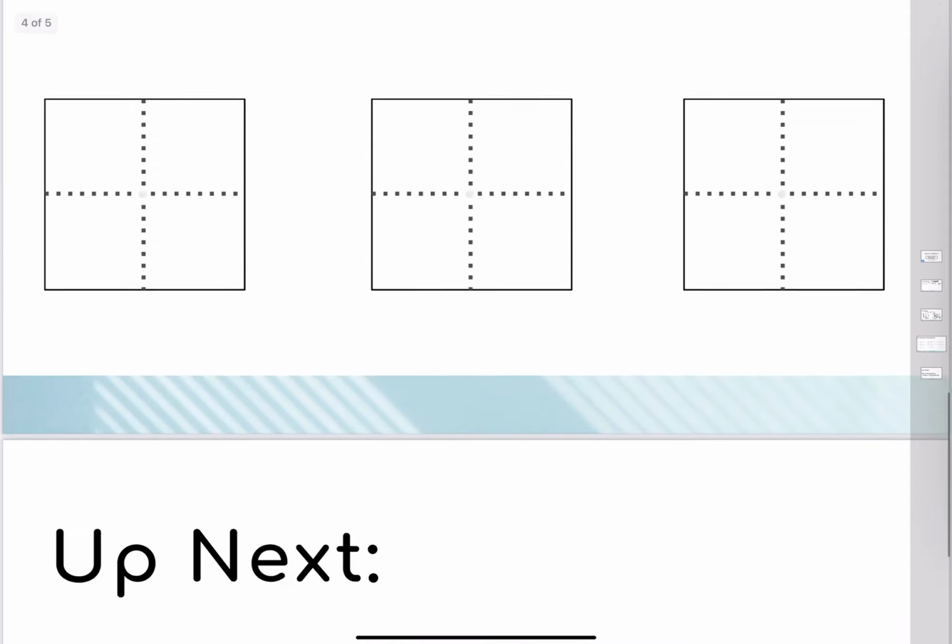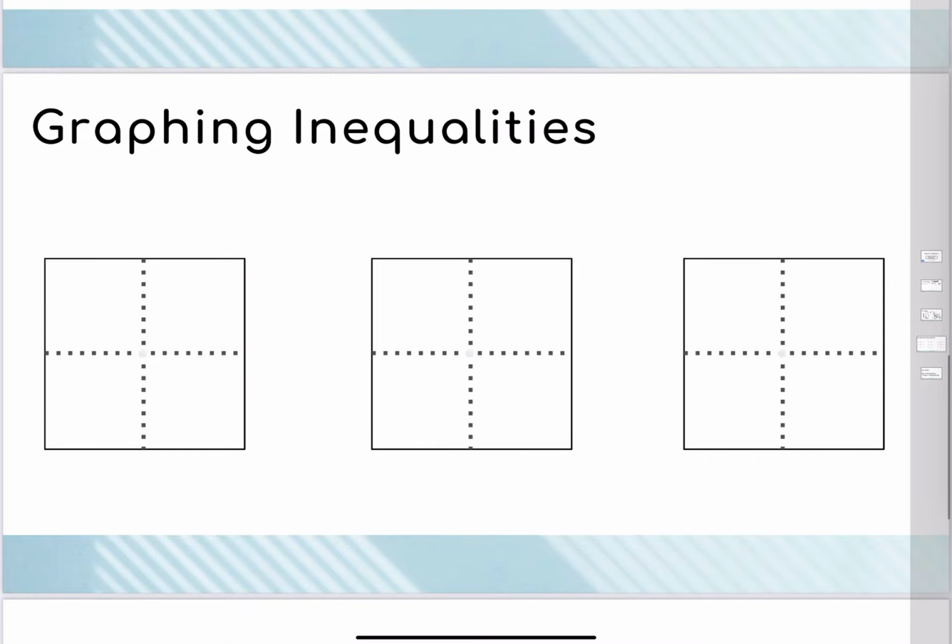The last part that we'll get into in this video is graphing linear inequalities. Again, because they're already in slope-intercept form, y inequality sign mx plus b, we'll know our slope, so how our line will move, and we'll also know our y-intercept at b. So that shouldn't be too bad.